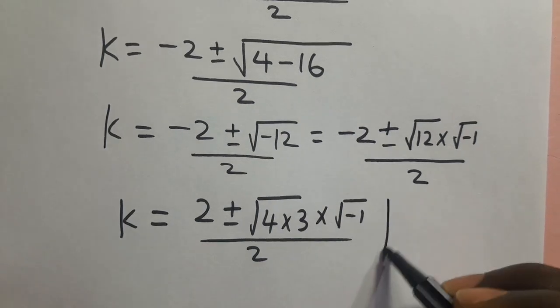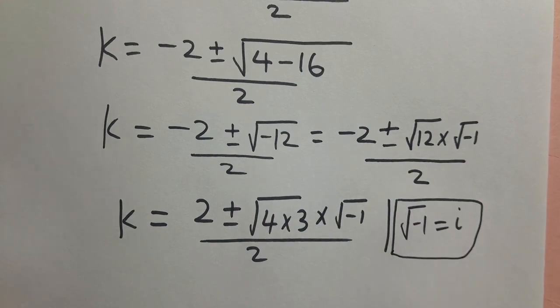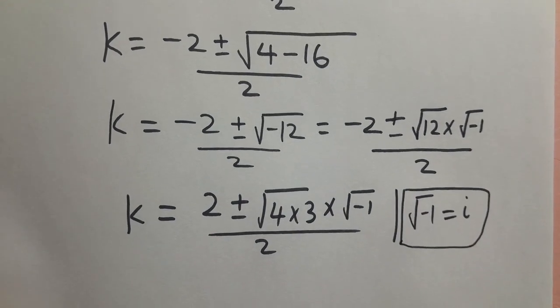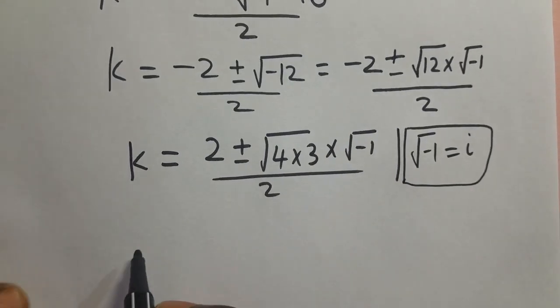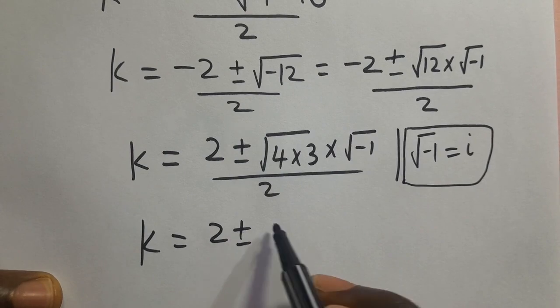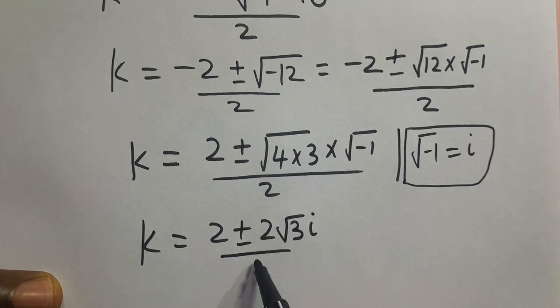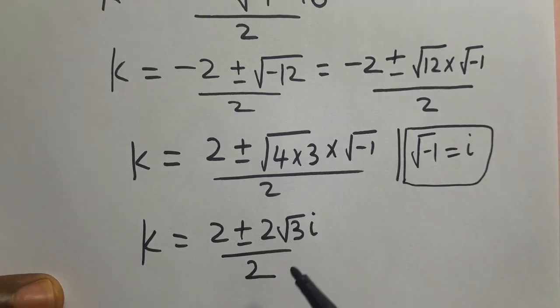But mind you, when you have root of minus 1, it equals i, a complex number. So we have k equals minus 2, positive or negative, root of 4, which gives us 2, multiplied by root 3i, divided by 2.